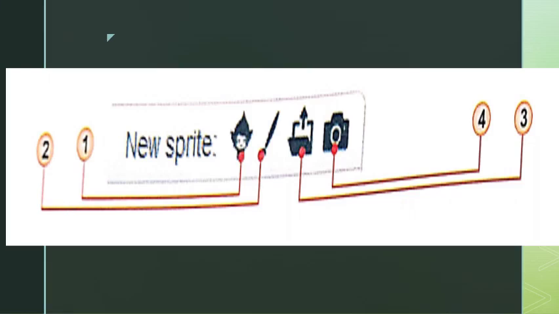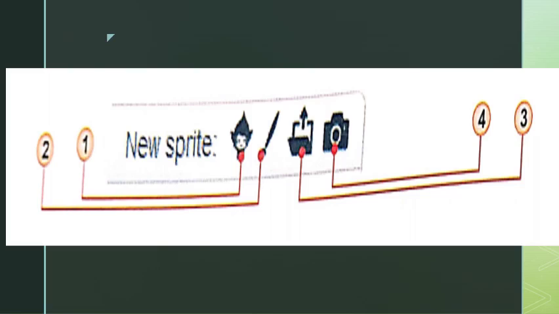First one is choose sprite from library. When this button is clicked, the built-in sprite library dialog box opens and provides us various options of sprite images. Second one is paint new sprite. When this button is clicked, the costumes window opens to create or draw the sprites. Third one is upload sprite from file.